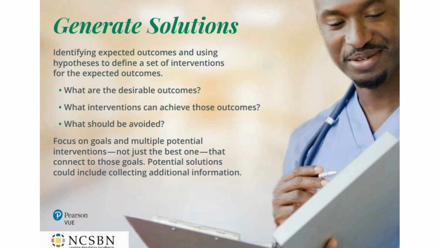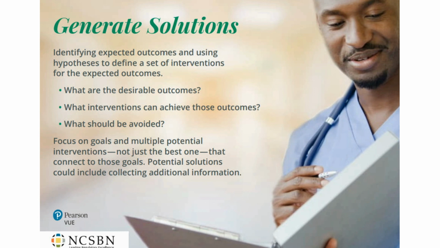What are the desirable outcomes? What interventions can achieve those outcomes? What should be avoided? So, in planning, well, I'll go over it when I tutor you. The important thing here is that we focus on goals and multiple potential interventions, not just the best one, that connect to those goals.